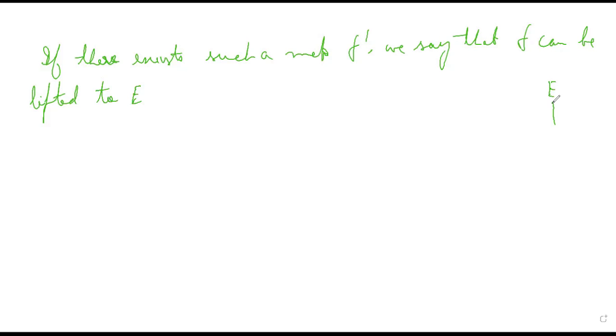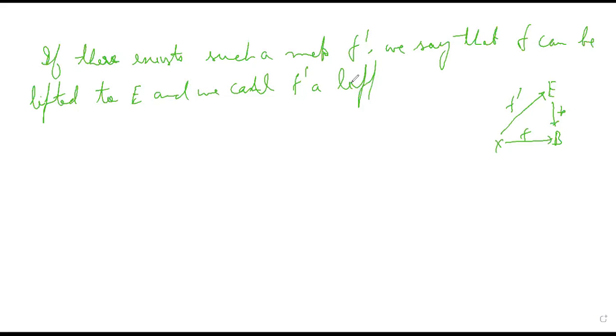So this is your E, B, f, B. So if there exists such a map f prime, we say that f can be lifted to E and we call f prime a lifting or lift of f.